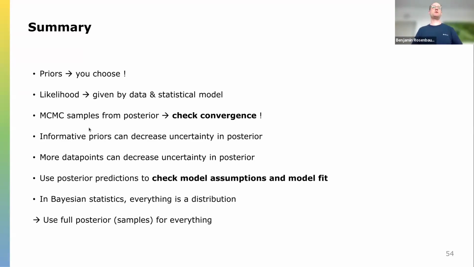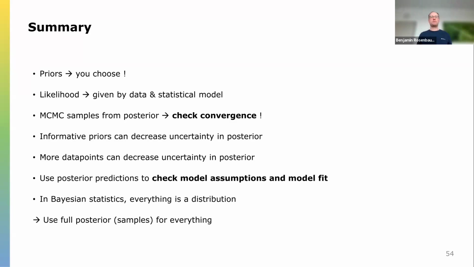This will come from the structure of your data. The posterior, you will only have access to this in form of samples. So first, before doing any analysis, you always have to check the convergence of your MCMC. Then, often people are worried about whether they chose the priors correctly.